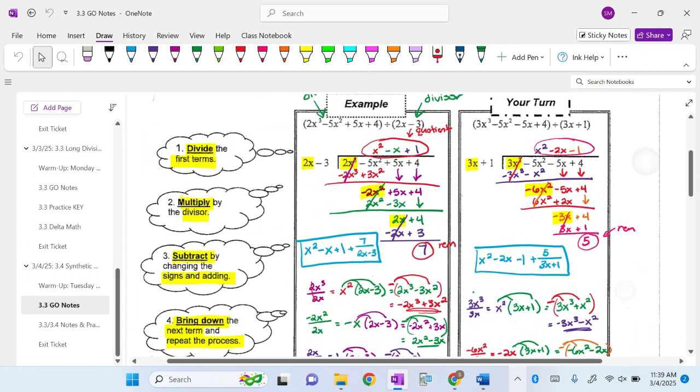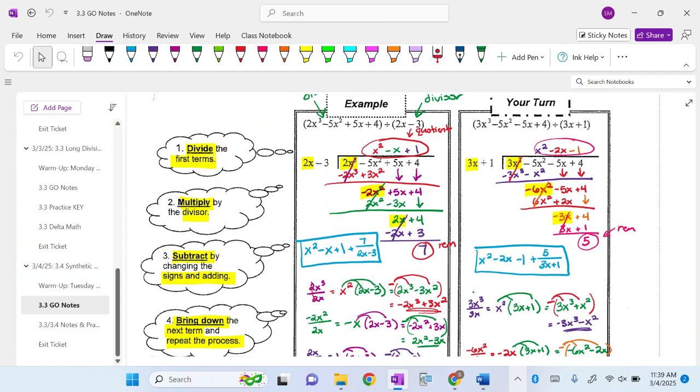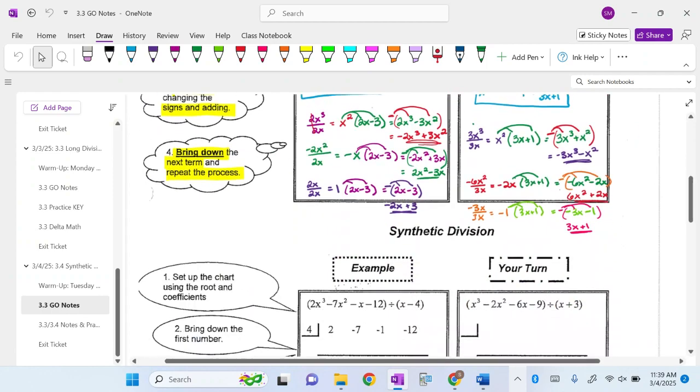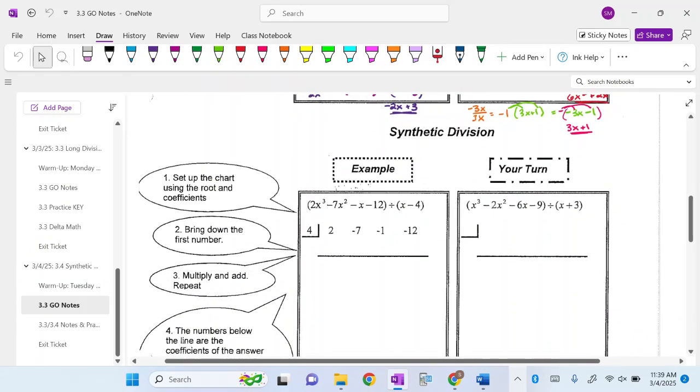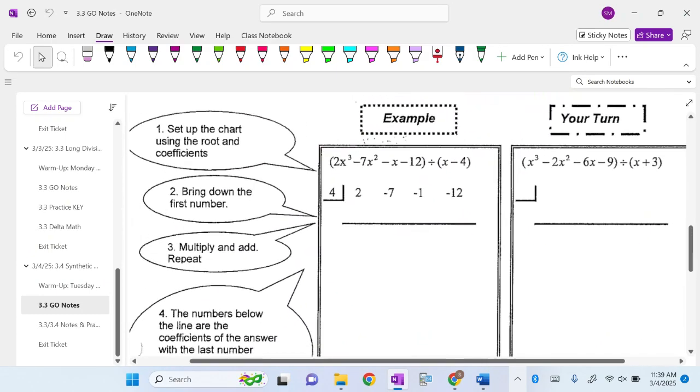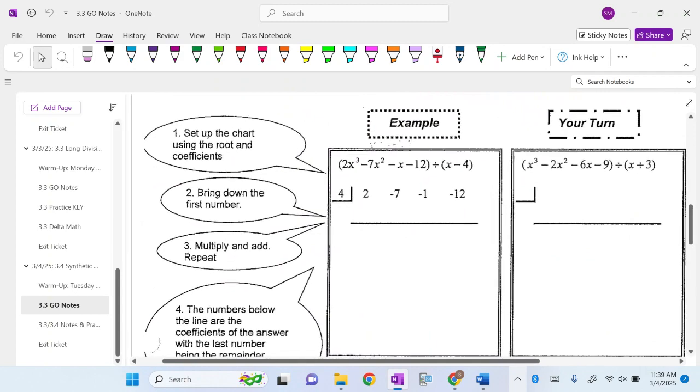All right. So yesterday we talked about long division, and for those of you who were here yesterday, you know that one was something. All right. But today we're talking about what I consider easier, which is synthetic division. Now, synthetic division, I believe, is way easier than long division.